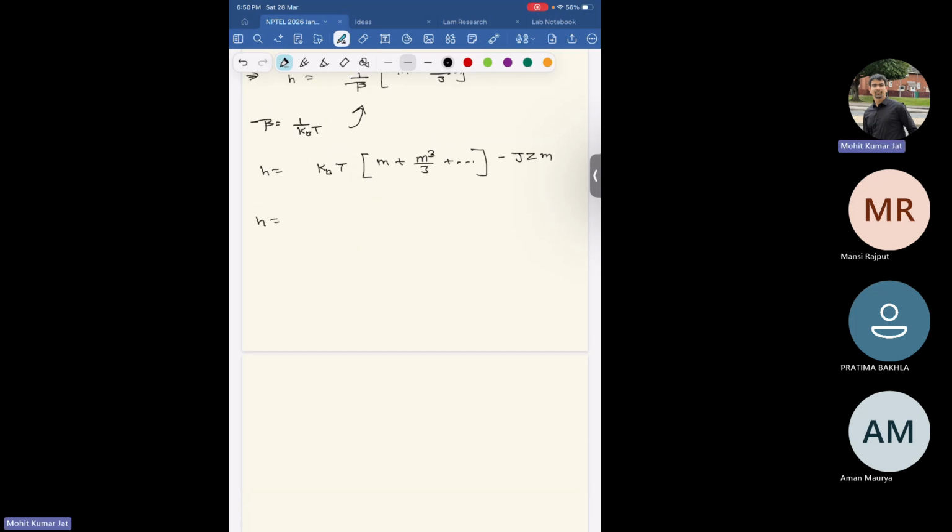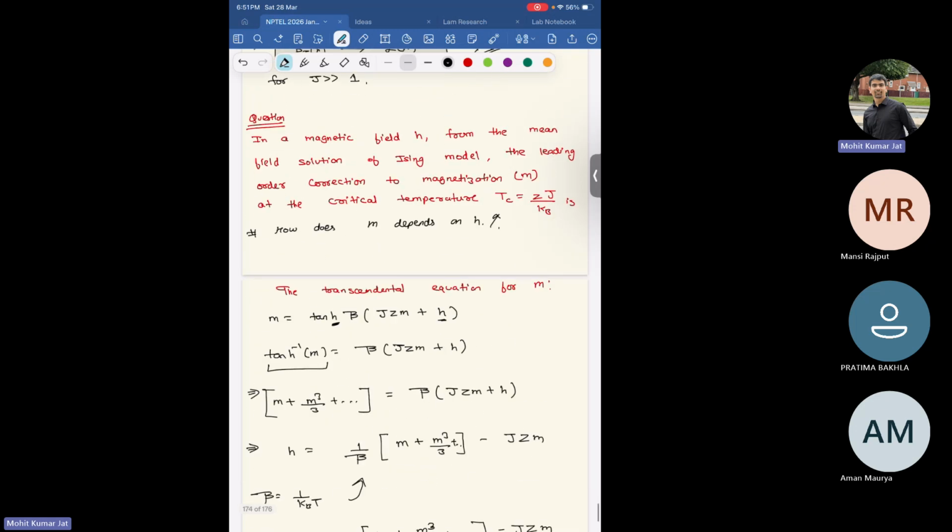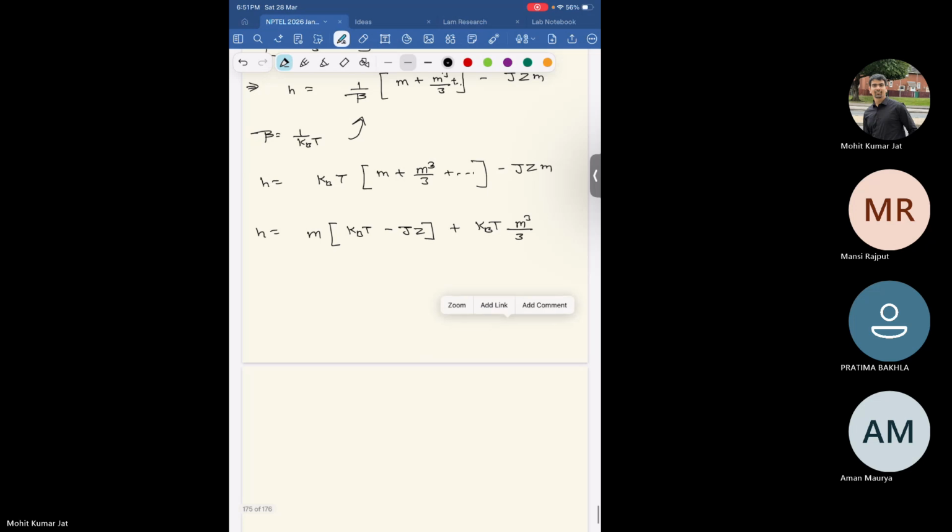So let's take the terms which are the prefactor of M. (kBT - ZJ)M plus kBT times M cubed/3. At the given temperature Tc, and Tc is ZJ/kB, at T equal to Tc, this term goes to 0.